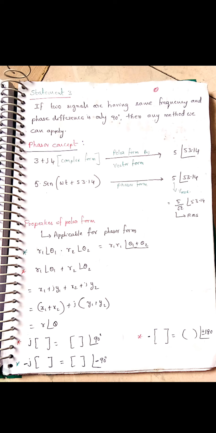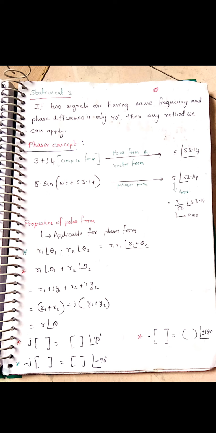If a signal is given as the instantaneous value 5 sin(omega t plus 53.14), then 5 is the maximum value. We can write this in terms of phasor value as 5 at an angle 53.14, where 5 is the maximum value.